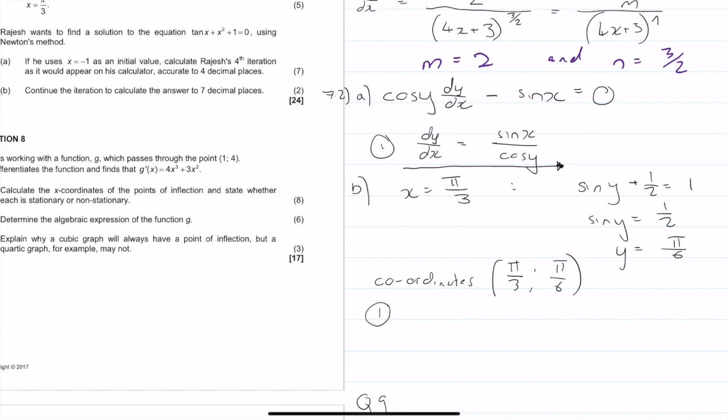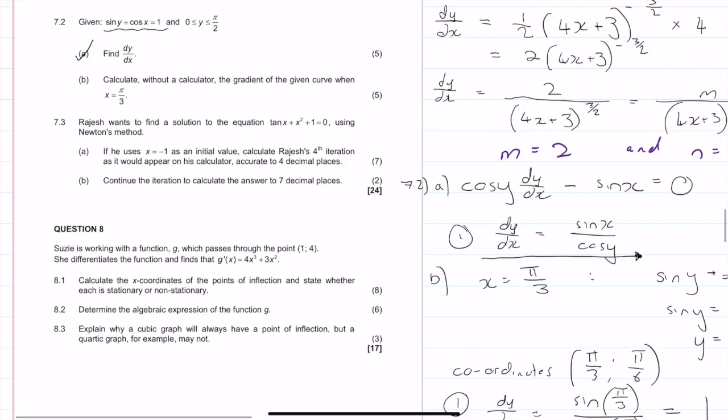So dy/dx is equal to sine of x, which is pi over 3, divided by cos of y, which is pi over 6, and that is equal to 1. So the gradient at that point is equal to 1. That's the answer, and we get ourselves 5 marks.